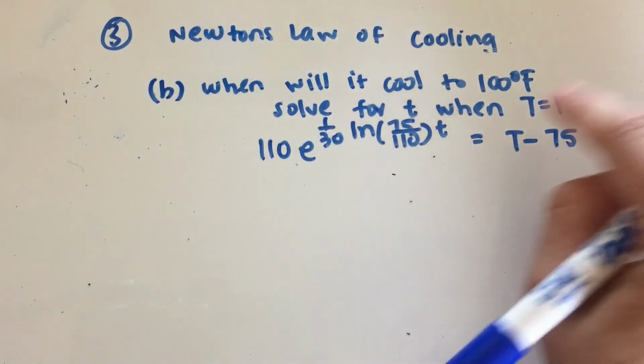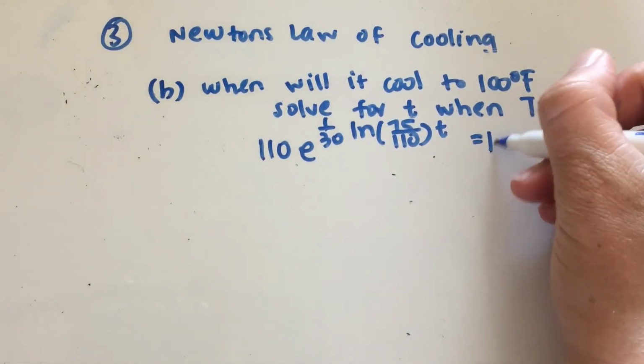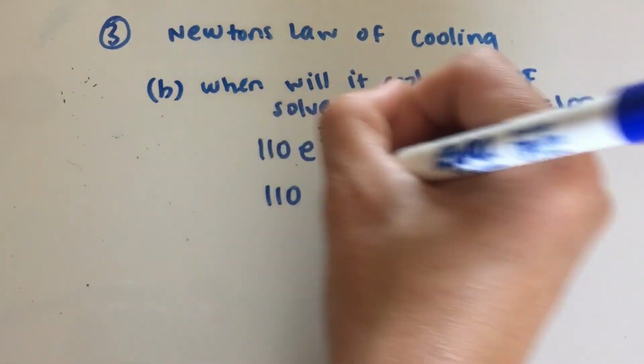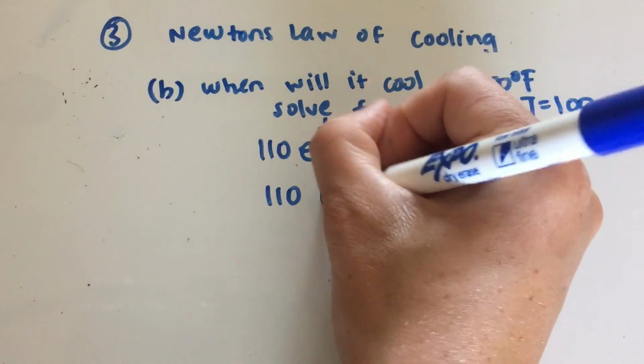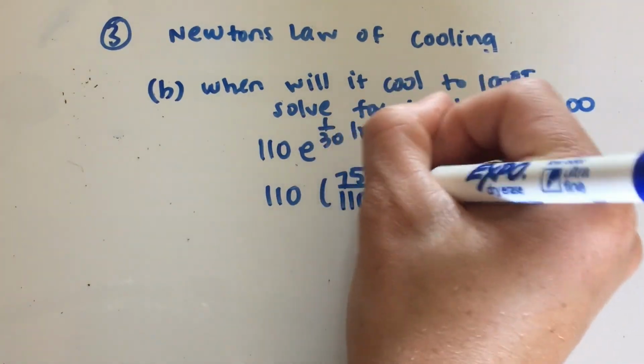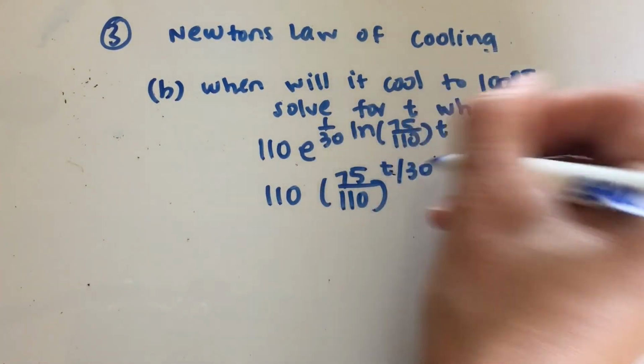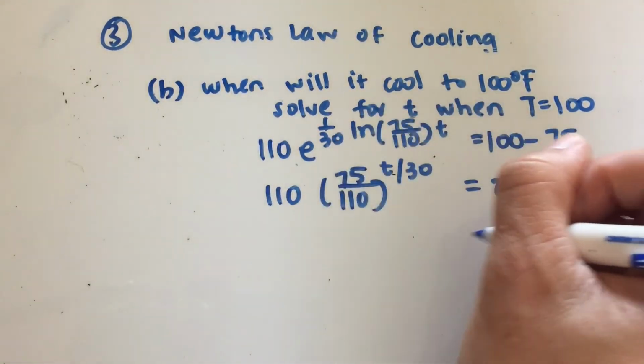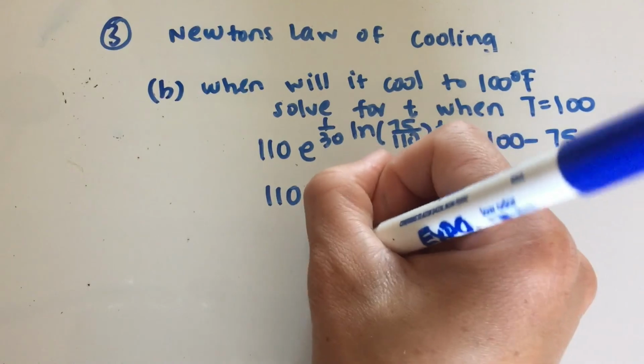And so my capital T here is 100. And then I can rewrite this as 110 times 75 over 110 to the t over 30 equals 25. And now I can divide 110 from each side.